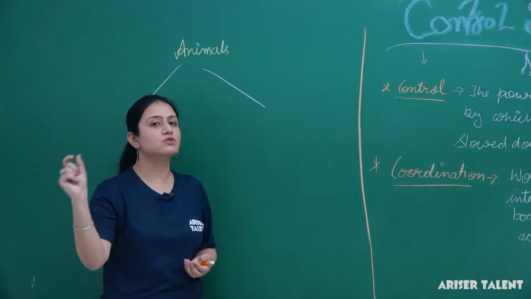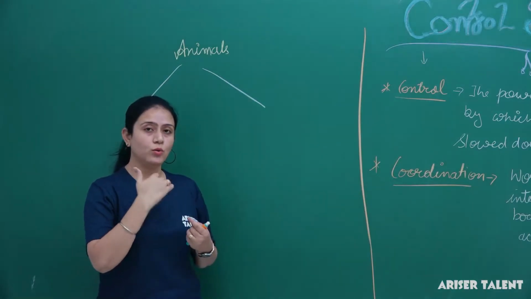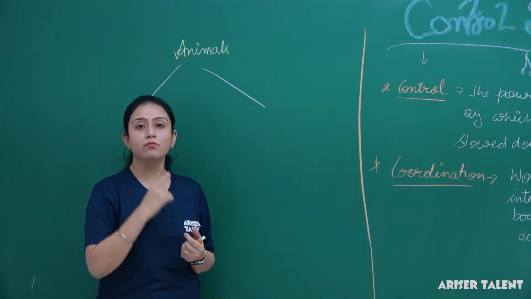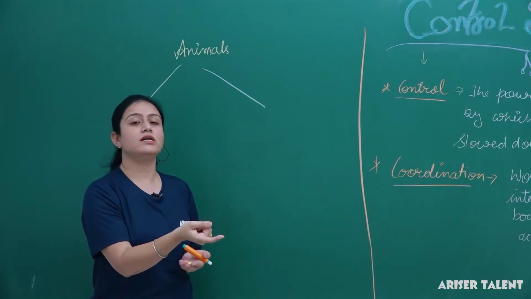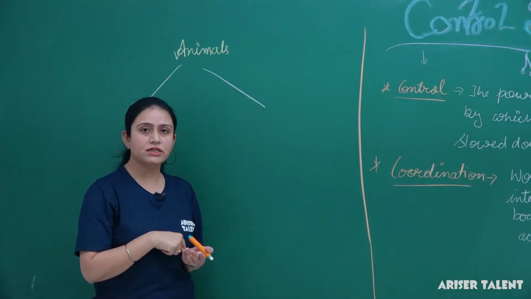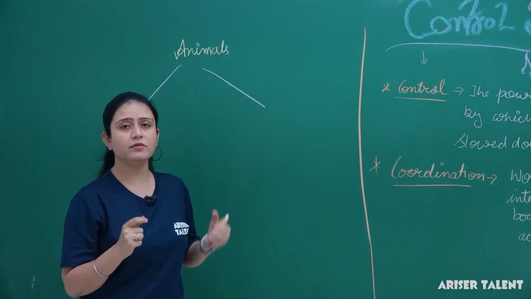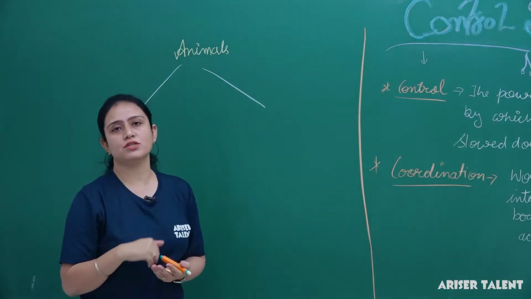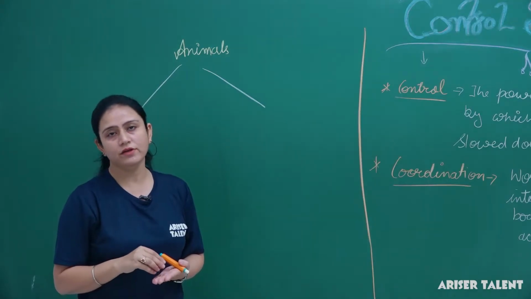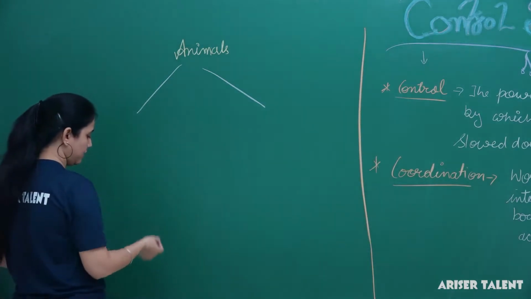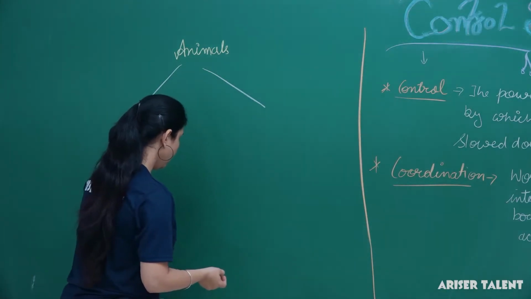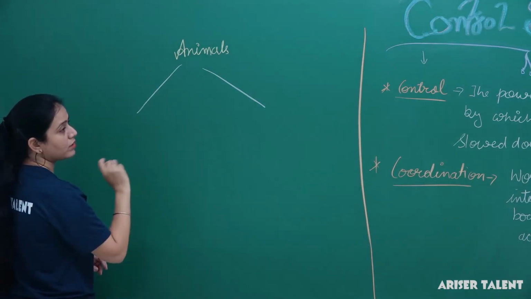This response is known as taxis. When they move towards the stimulus, it is known as positive taxis. And when they move away from the stimulus, that is known as negative taxis.